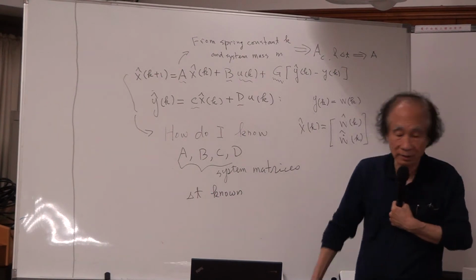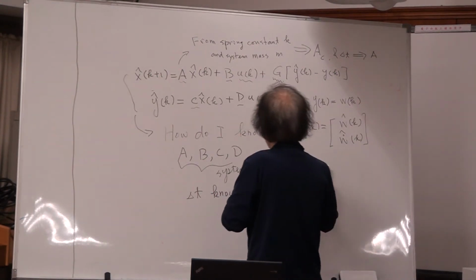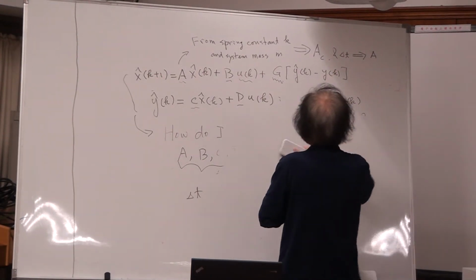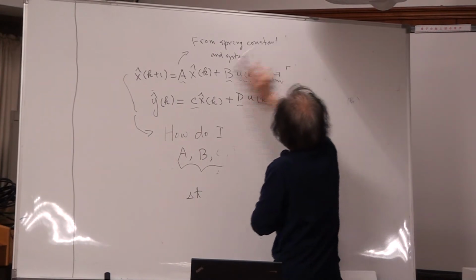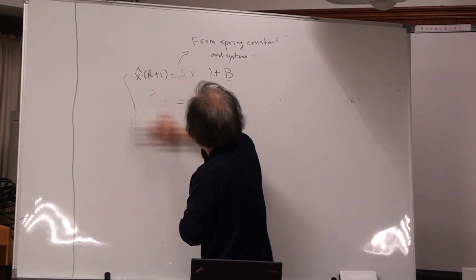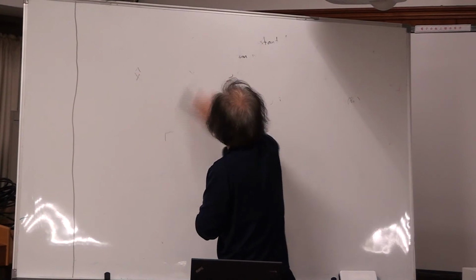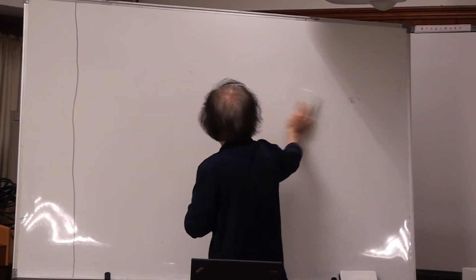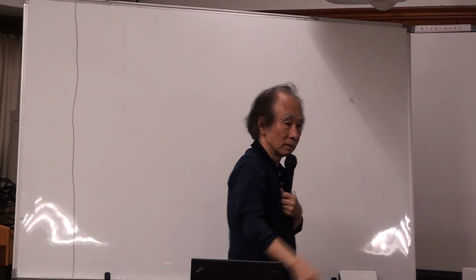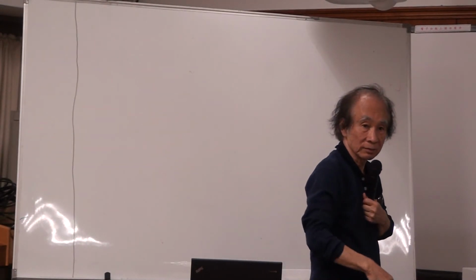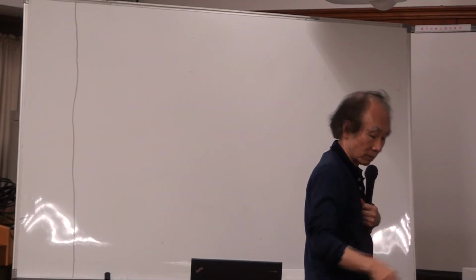Sorry about this. This is not on the screen. The hat is missing. Your notes, the hat should be there. All right. You see the note? Anybody got note? The note is correct. All right. Okay.